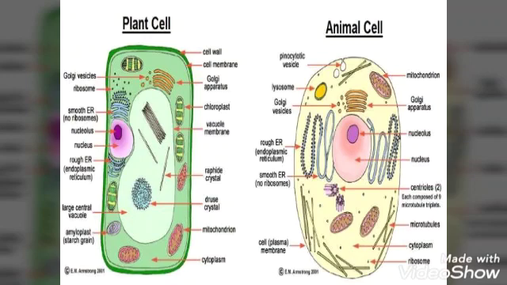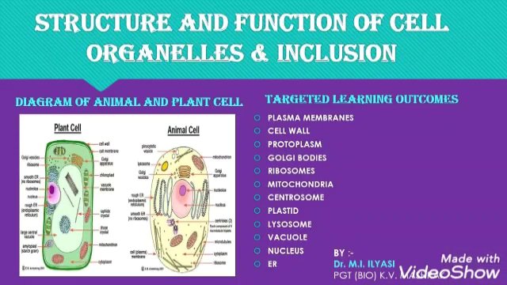First, rough endoplasmic reticulum, RER, and second, smooth endoplasmic reticulum. In rough endoplasmic reticulum, ribosomes are present on the surface, and smooth endoplasmic reticulum is where ribosomes are absent.